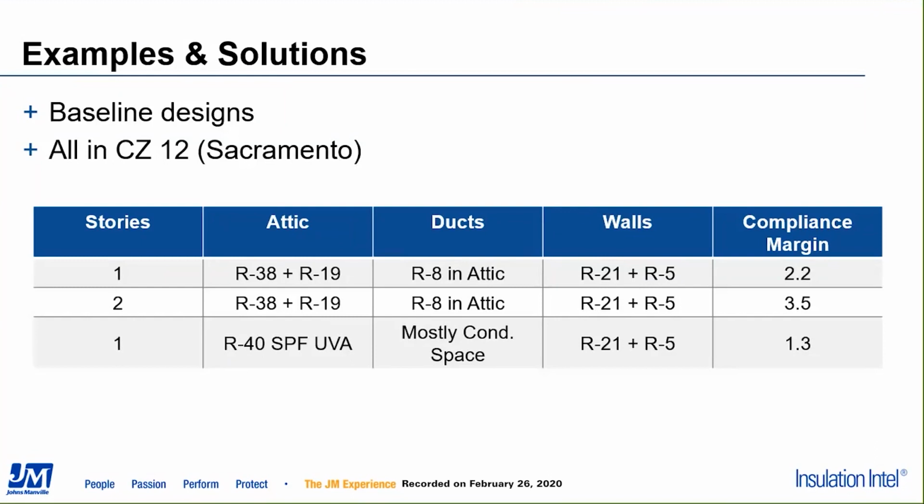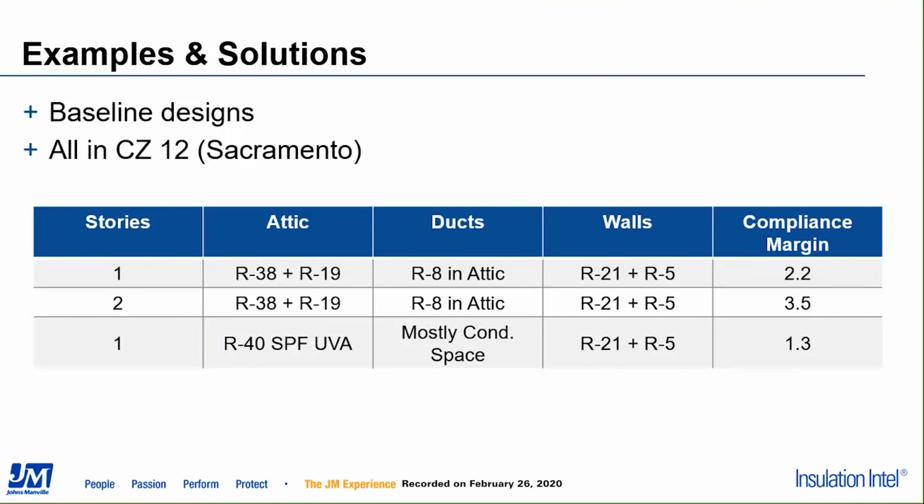The next column, the ductwork: when we say something like R8 in the attic, that really means that we're using R8 flexible ductwork, and it is literally exposed. It's considered to be exposed in the attic space. There might be insulation heaped up around it, but it's not buried, and we'll get into that soon.